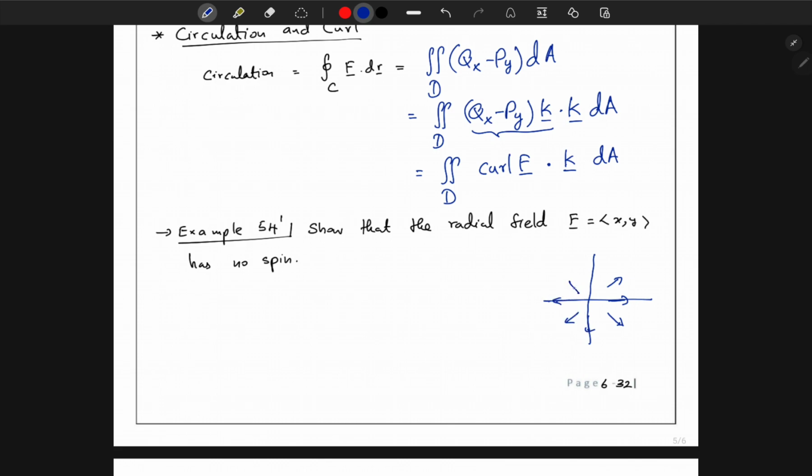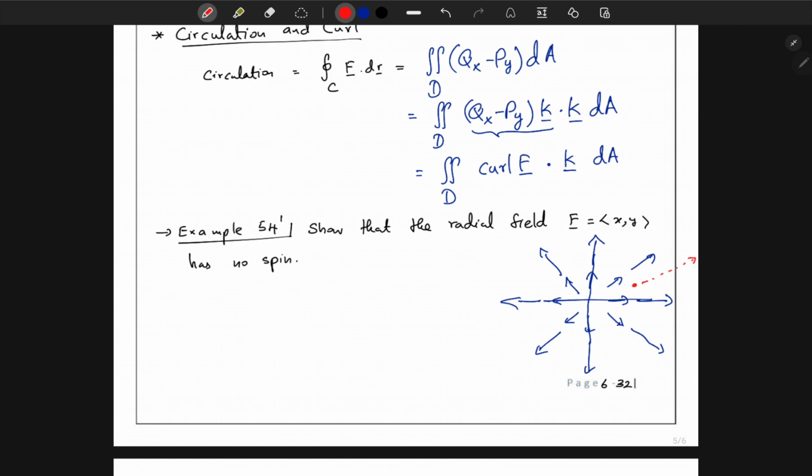It is flowing out from the origin, and when you go farther away, the flow becomes larger. Now if you place a point somewhere here, now the flow on the right side of the point is the same as the flow on the left side, so it's not rotating at all. It will be moving in that direction, but it will not be rotating.